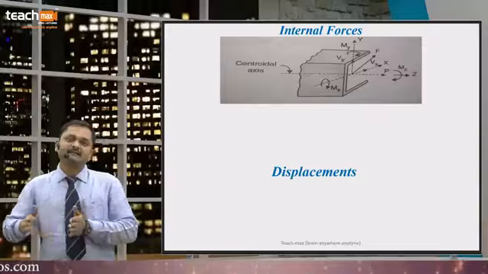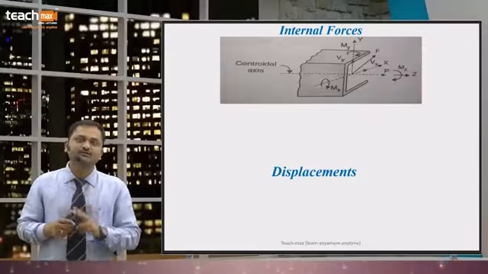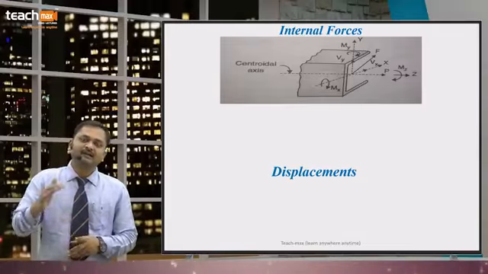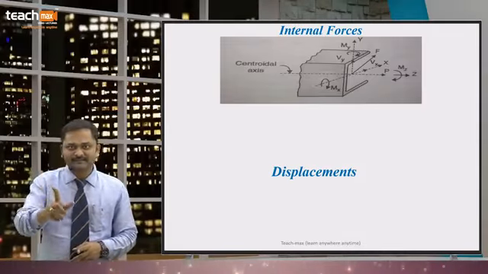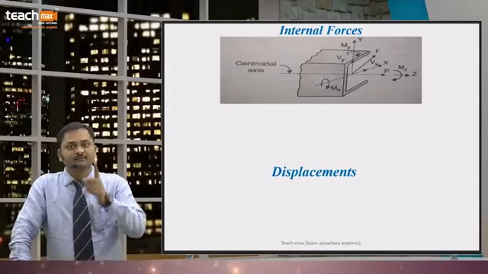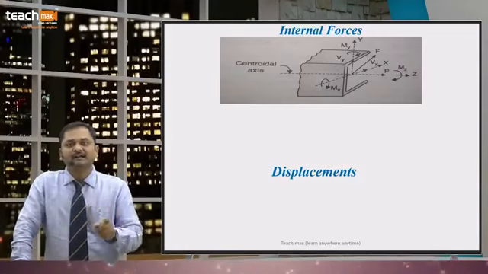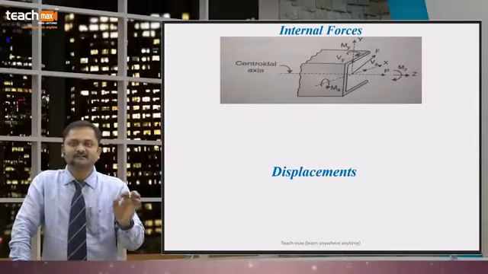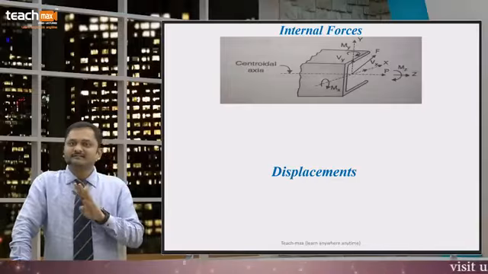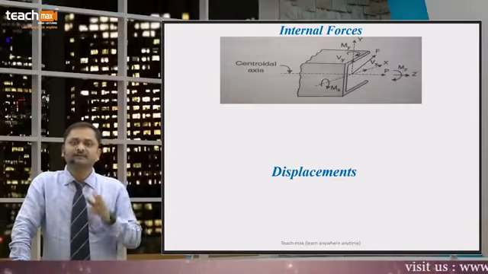We can categorize or idealize the structure into 2 parts mainly, from an analysis point of view, and here we only analyze skeleton structures. Later we will see the types of structure, but remember that we are analyzing only skeleton structures in this UG course. Skeleton structures are also divided into 2 parts.